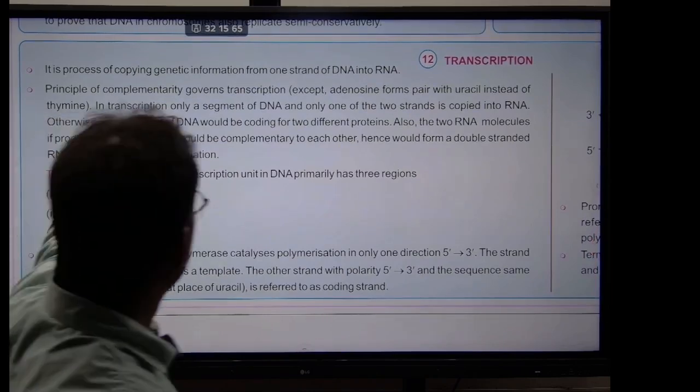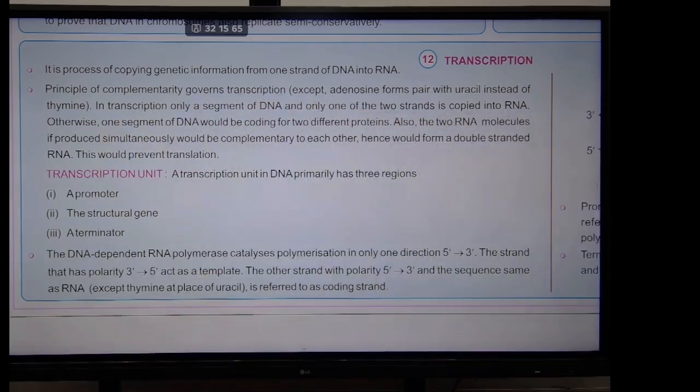During transcription, the principle of complementarity also operates, except adenine pairs with uracil instead of thymine. You know that DNA contains adenine, thymine, guanine and cytosine, whereas RNA contains adenine, uracil, guanine and cytosine. So, instead of thymine, the RNA will have uracil, right? Each unit has three components: a promoter, a structural gene and a terminator.